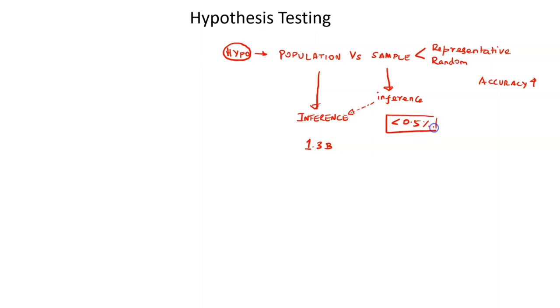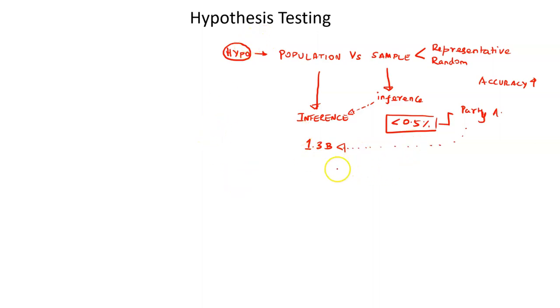An inference that party A is going to win is being made. Now, the inference that party A will win, based on 0.5% of the electorate, is extrapolated to the population. Are you getting this? That is where the concept of hypothesis testing comes in.